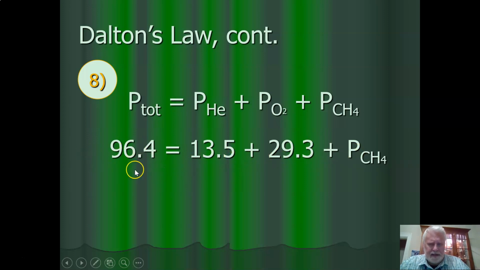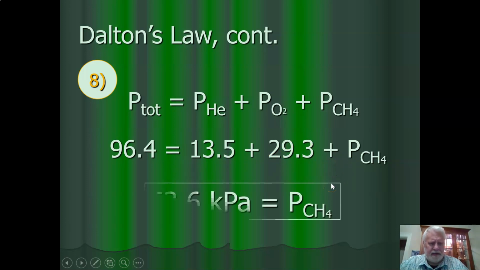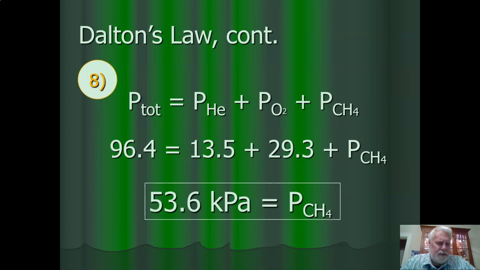So you just take 96.4 minus 13.5, hit the equal key, minus 29.3, hit the equal key, and you will get an answer of 53.6 kPa. And again, don't forget that part.